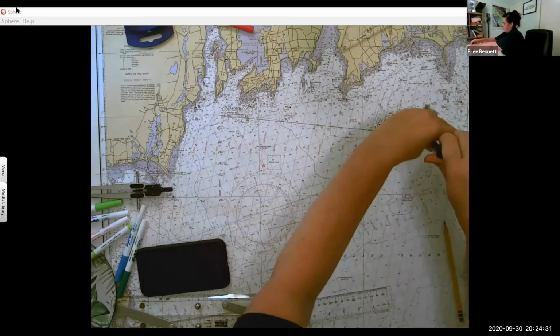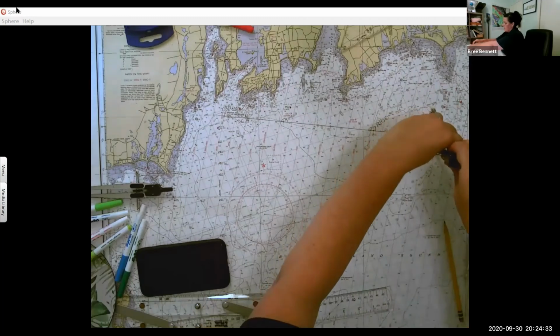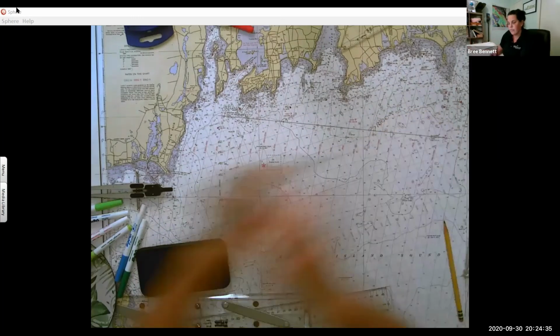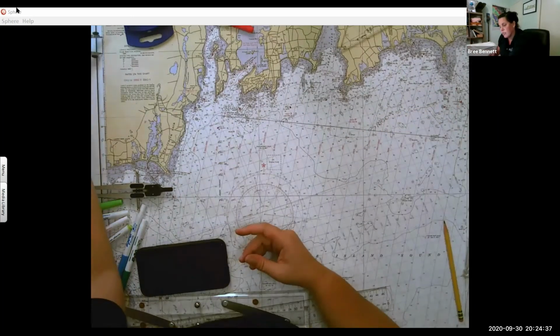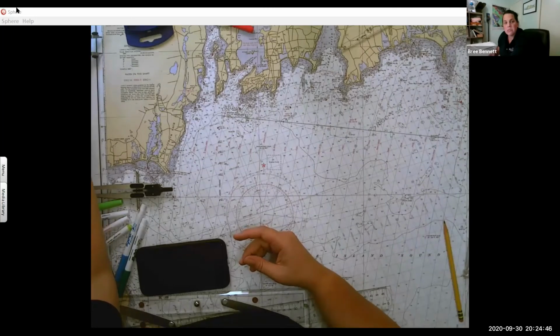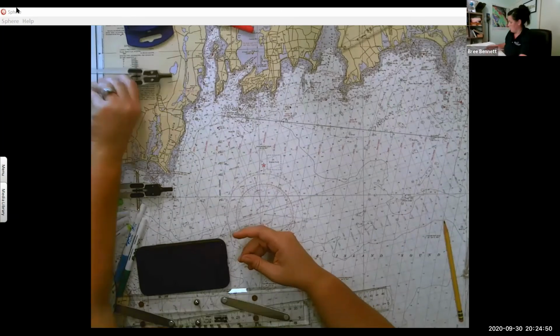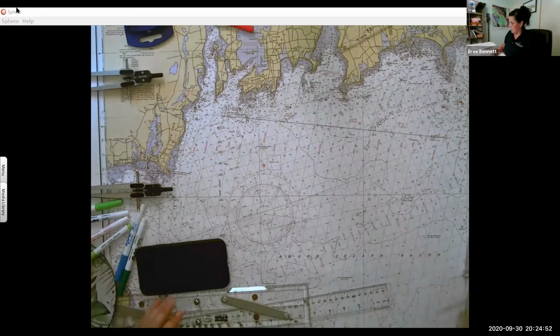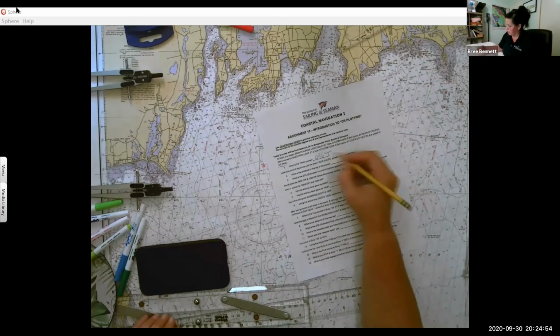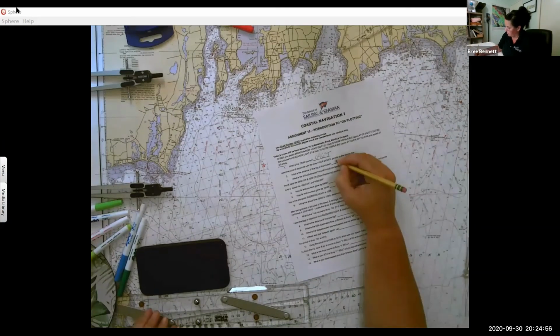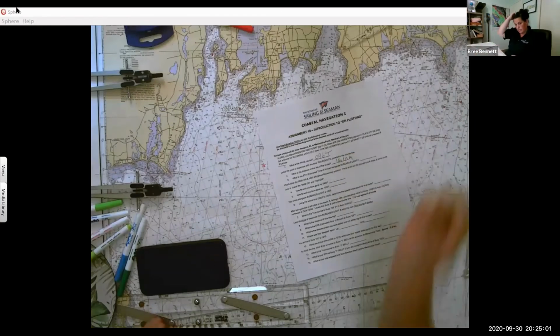So we have 15 plus whatever this is that I measure here. 15 plus about 1.1 or 1.2. What is it? Can't see up there. I think I have 1.1. So I have 15 plus 1.1 would give me 16.1 nautical miles.